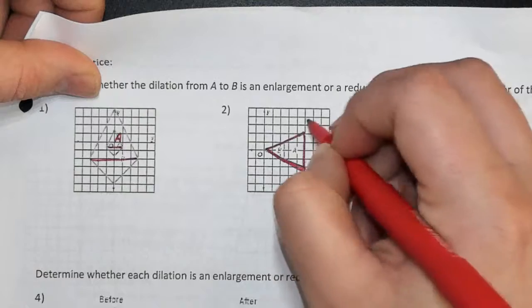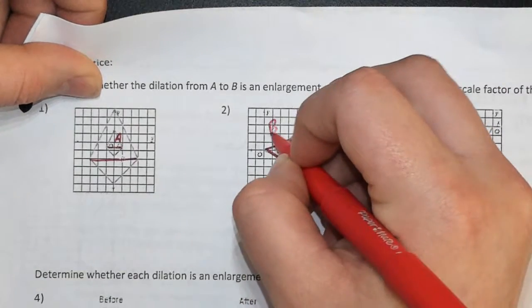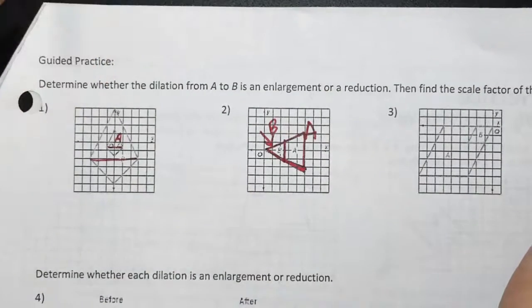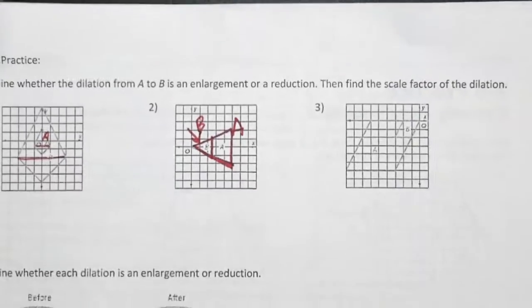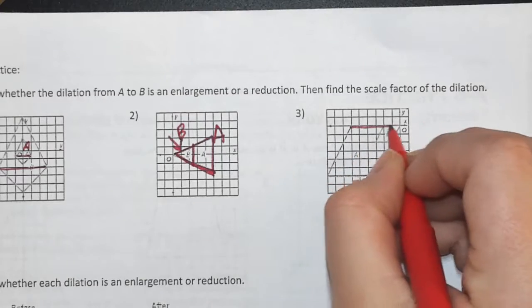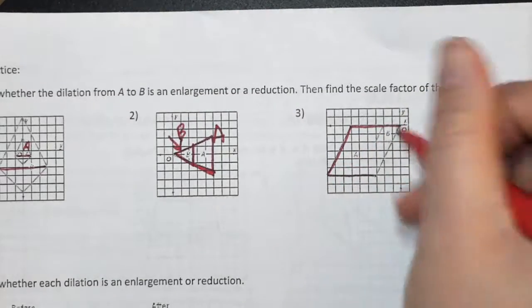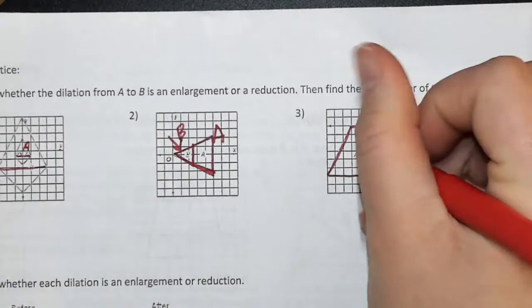This triangle right here, this is A, and then B is a part of the same triangle, so this is B. You see it? And then on number 3, they are parallelograms. You can't even see them. That's why I'm helping you out.